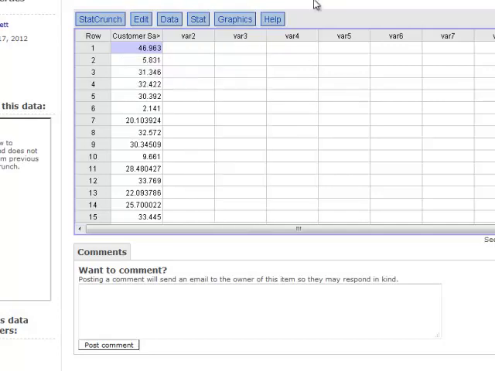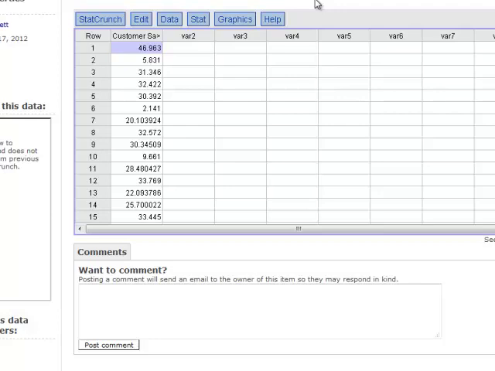The reasoning is in the nature of the problem. If you're dealing with proportions, then you use the z-statistic. If you're dealing with means, then you use the t-statistic. So t for means, z for proportions. And we'll look at proportions a little bit later on in a later chapter.